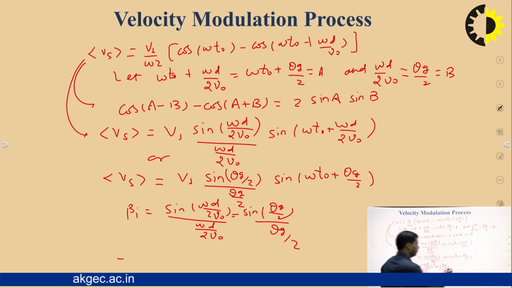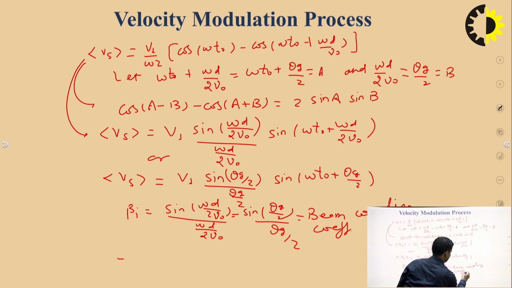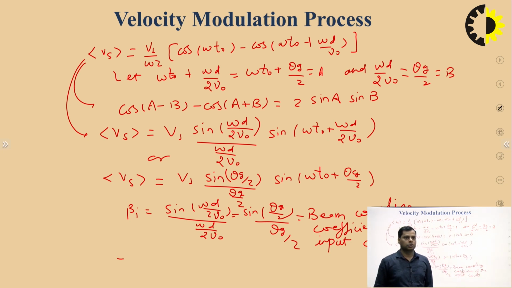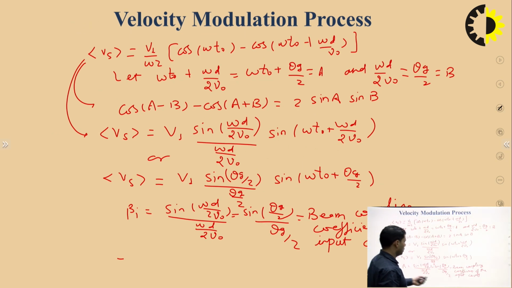This is the beam coupling coefficient of the input cavity. So, this voltage value we can calculate with the help of this process, where beta I gives us the beam coupling coefficient.